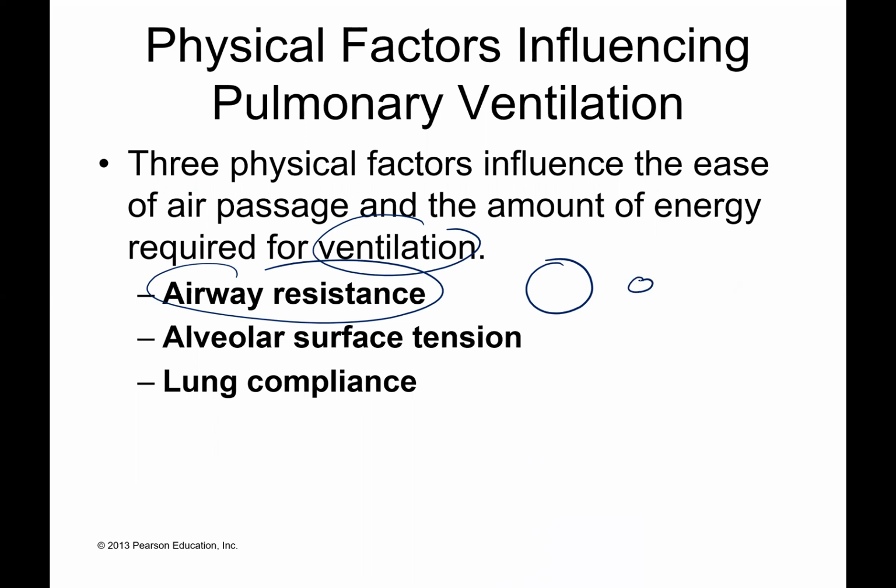Nice open tubes, the resistance is down. If the tubes are really skinny, small tubes, the resistance goes up. That's why with asthmatics, as the tubes start to constrict, it is harder for them to breathe, therefore the resistance goes up.